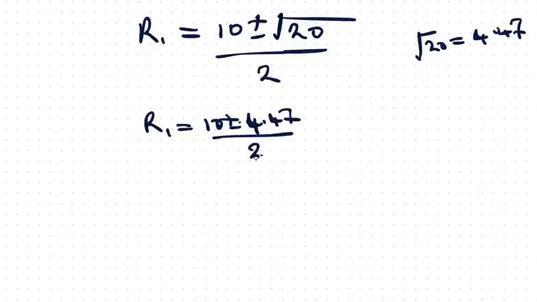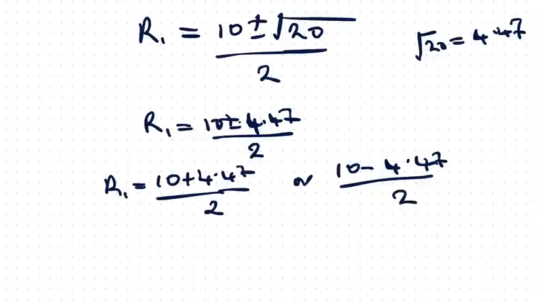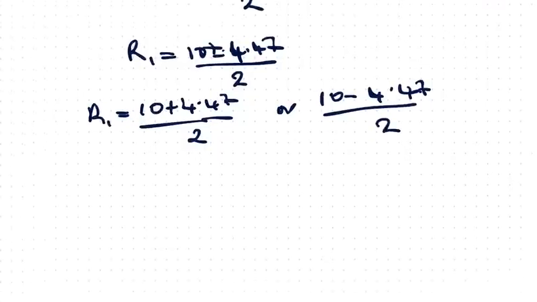And that means R1 will be equal to 10 plus 4.47 divided by 2, or 10 minus 4.47 divided by 2. So I will solve the two of them simultaneously.